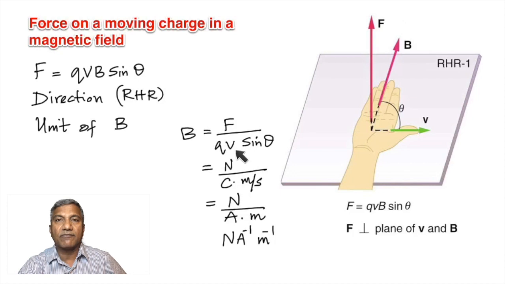And the unit of velocity is meter per second. Sine theta is just a number and has no unit. So Coulomb per second is called an ampere. Therefore, now we can write this as Newton per ampere meter. So that's the unit of magnetic field strength, Newton per ampere per meter.